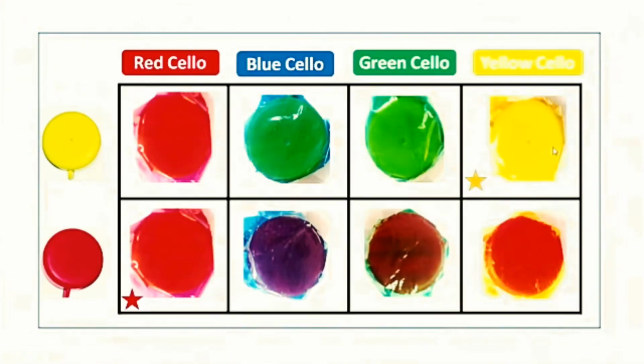So you have the yellow lid, you have the red lid, and these are the different cellophane papers which are wrapped around the lids. And what do you observe here? You will see that the yellow lid appears yellow when it is wrapped in a yellow color cellophane paper. Similarly, with the red lid, it appears red when it is wrapped in a red colored cellophane paper and in no other colors.